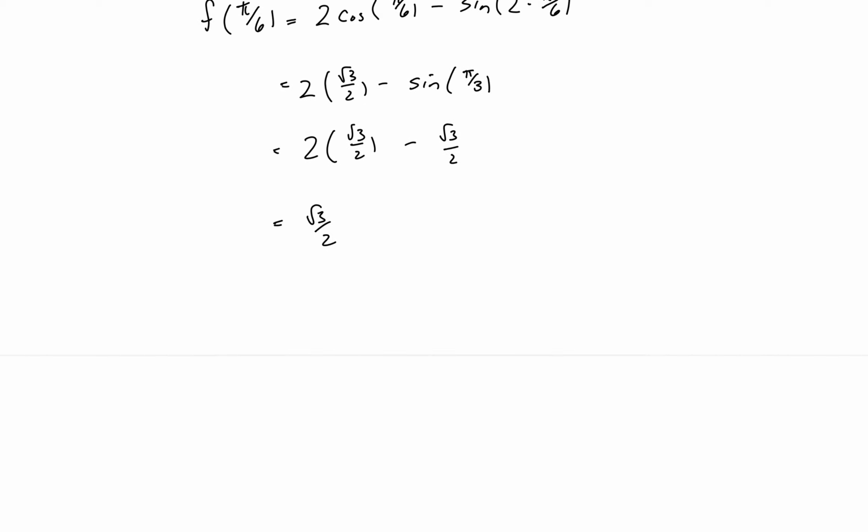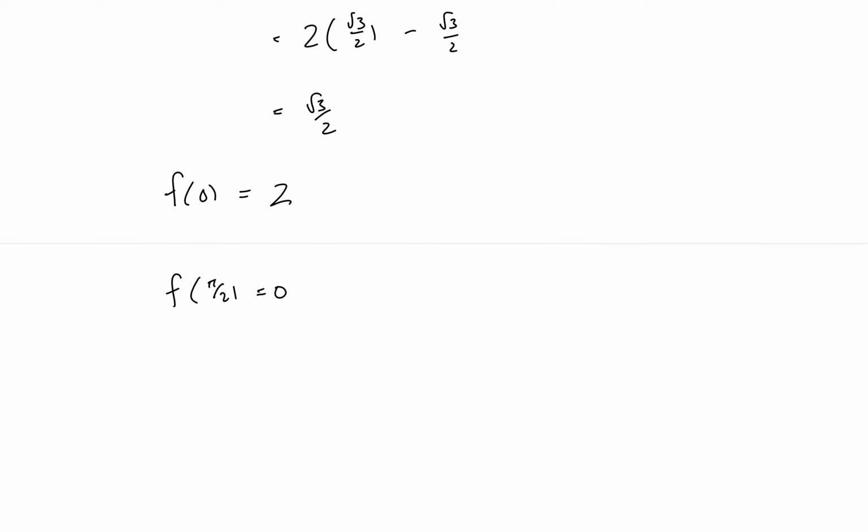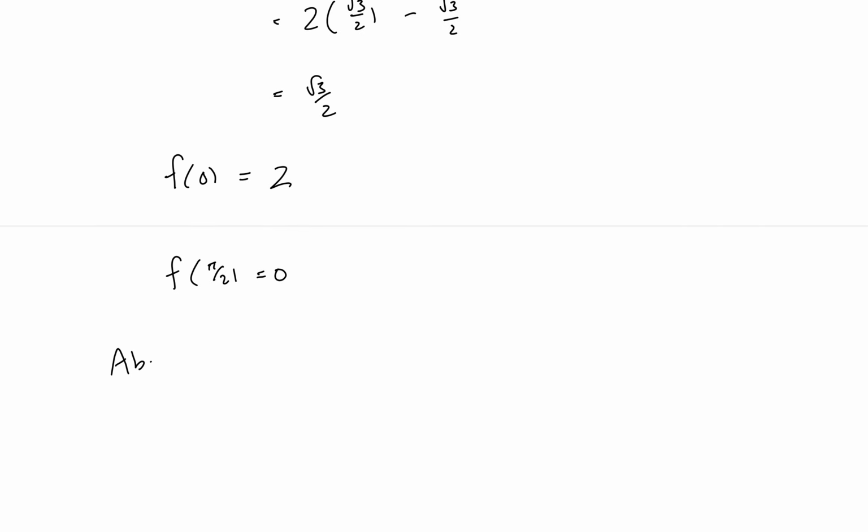And now we also have to evaluate at the edge points. So f of 0 is going to be 2, and f of pi over 2 is going to be 0. So this tells us our absolute maximum is 2 at t equals 0, and our absolute minimum is 0 at t equals pi over 2.